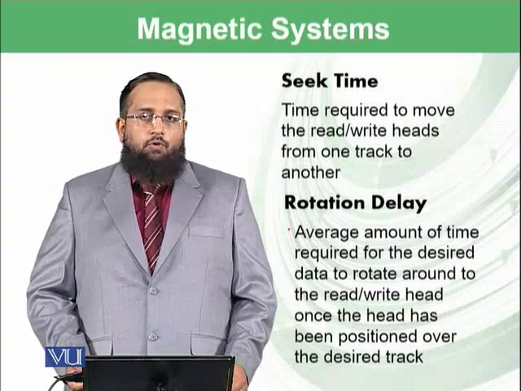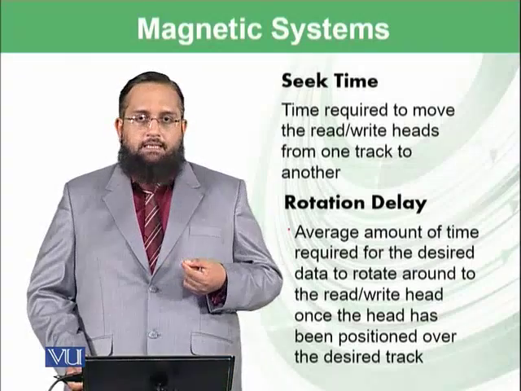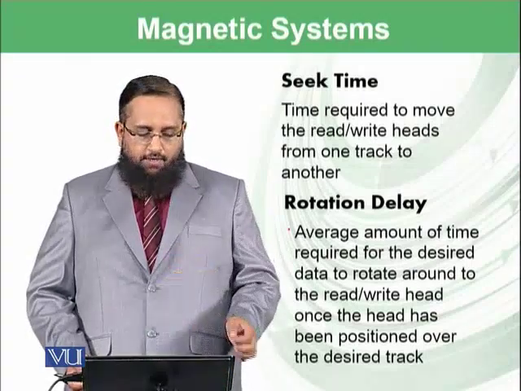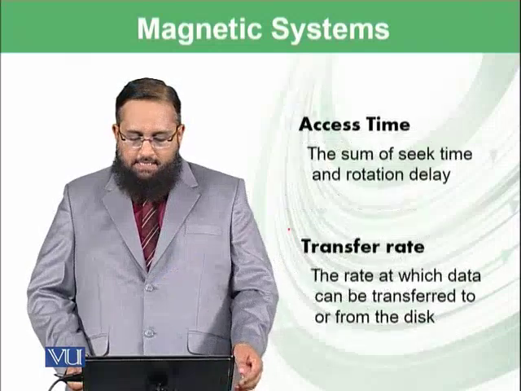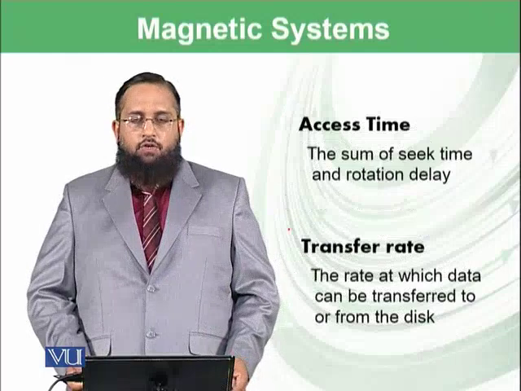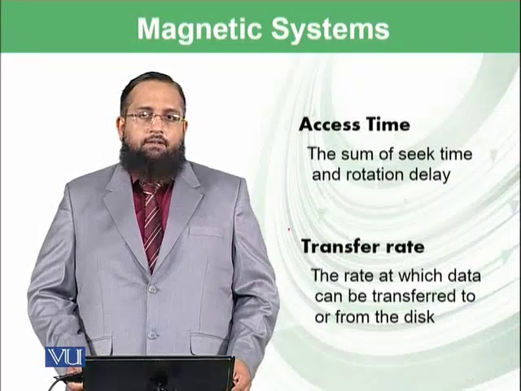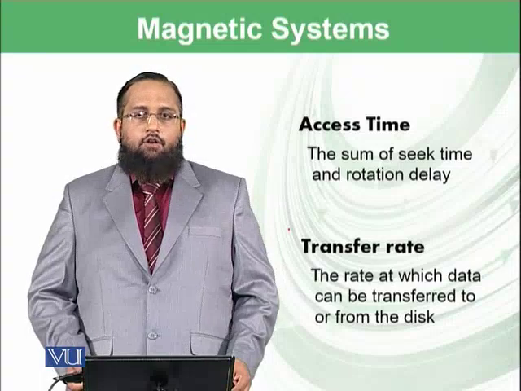That rotation delay, the rotation of your disk, is also noted. When both of these times are added up, they form access time. The access time should be lower so that your disk can be considered good.